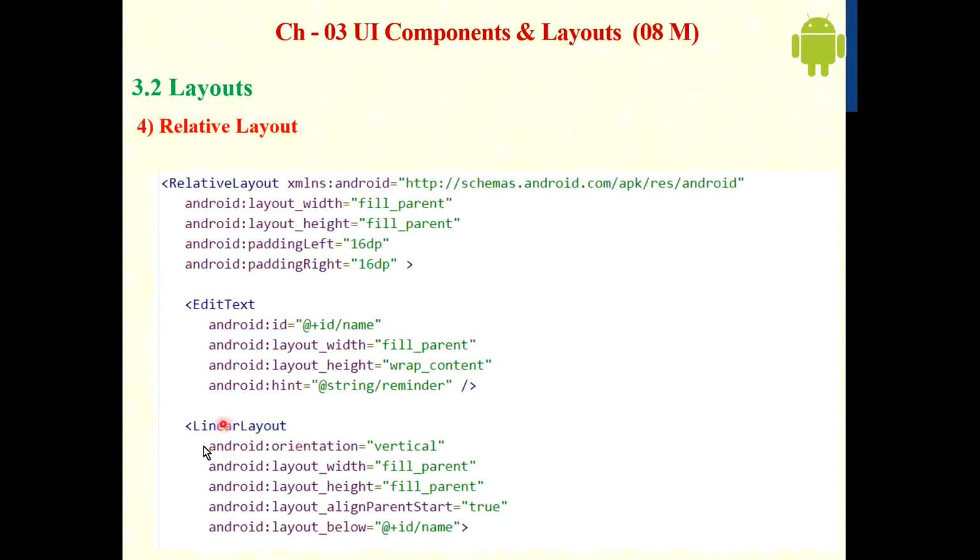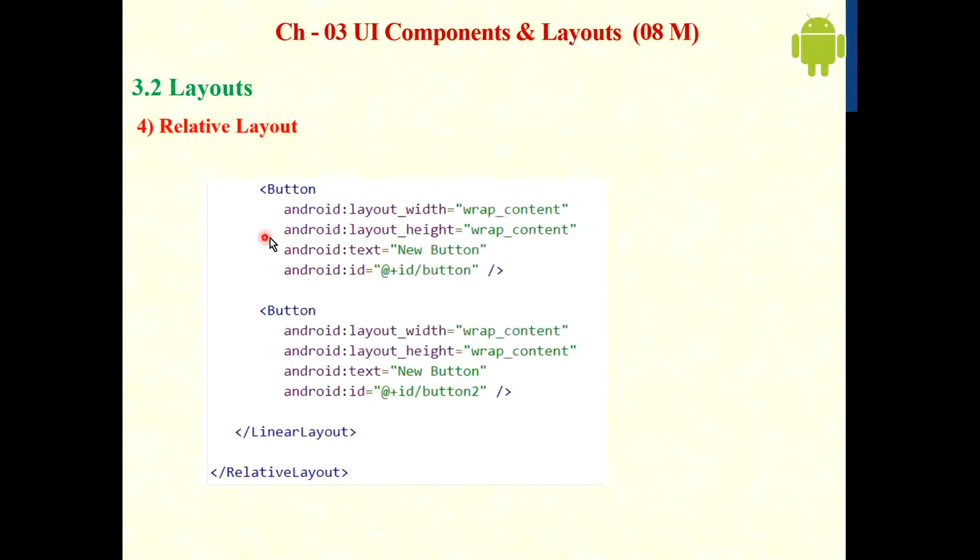Inside relative layout we create a linear layout. Here are some attributes of linear layout: orientation vertical, width and height fill parent, alignParentStart true, and then layout below. So these are some attributes of linear layout.